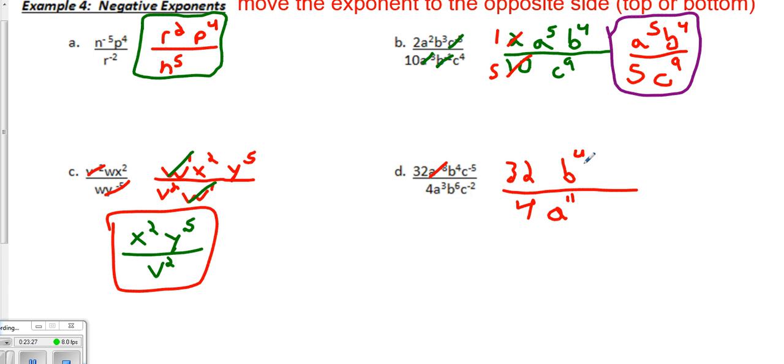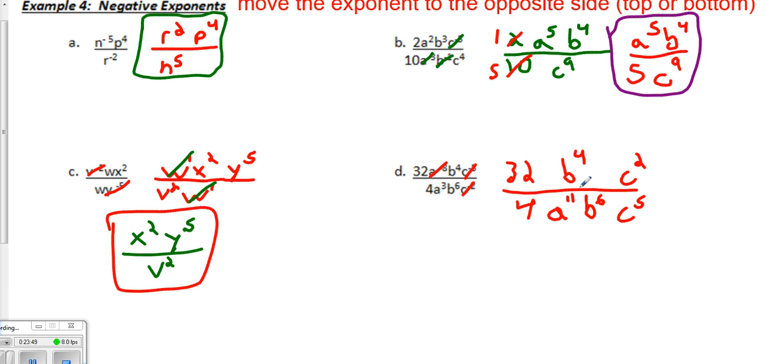They're both already positive, so we'll leave them as they are. C to the negative 5th, c to the negative 2. Those both need to flip. We'll put the c to the 2 up here, c to the 5th down here. So now we have nothing but positive exponents.